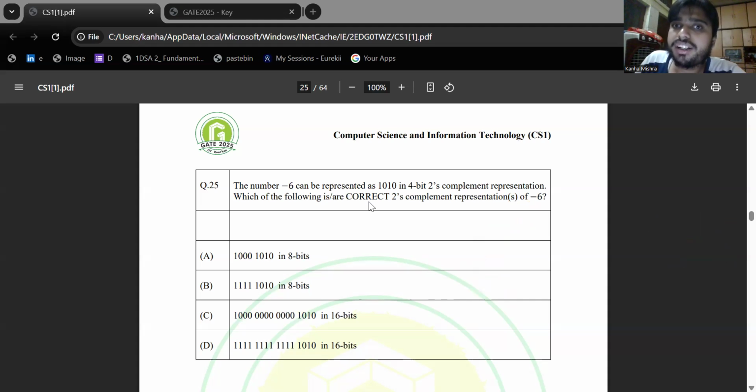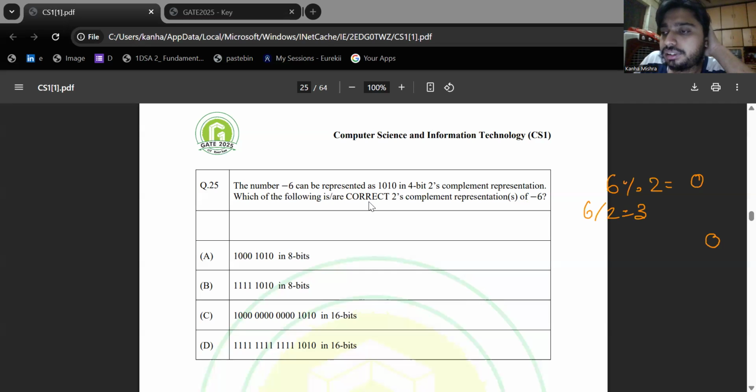What is the remainder of 6? 6 modulus 2 will be 0, so we write 0 here. Okay, fine. And it becomes 3, since 6 divided by 2 is 3.